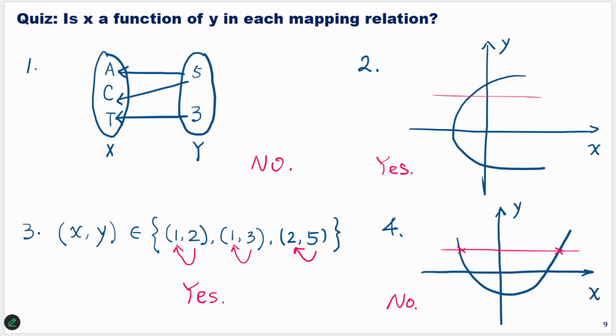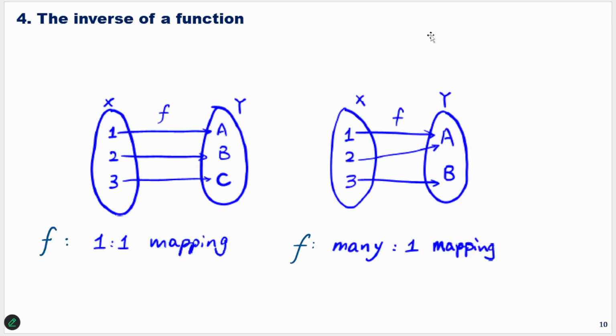So that leads us to another concept, which is called the inverse of a function. Previously we talked about two different types of mapping relations, right? F could be a 1-to-1 mapping, or it could also be a many-to-one mapping.